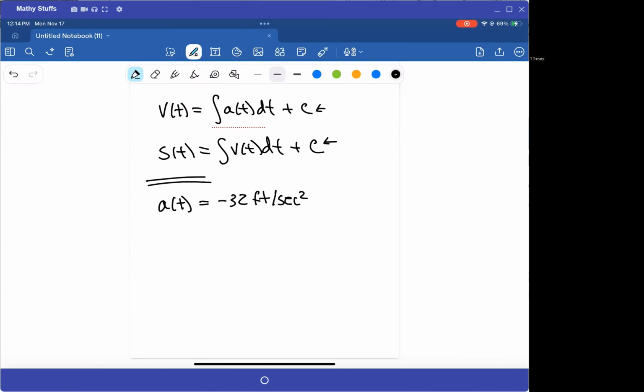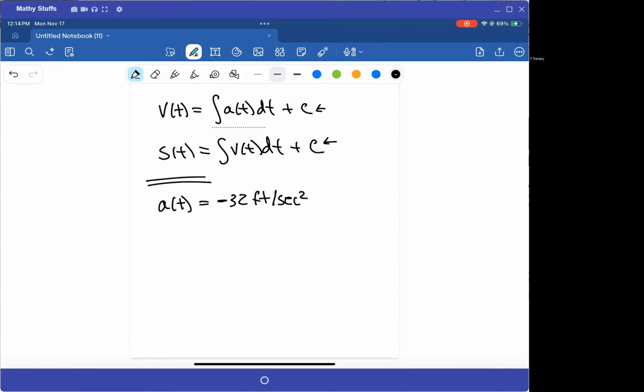If we think of away from the Earth as positive motion, towards the Earth would be negative, so we set that at negative 32 feet per second squared. It's always pulling us downward.